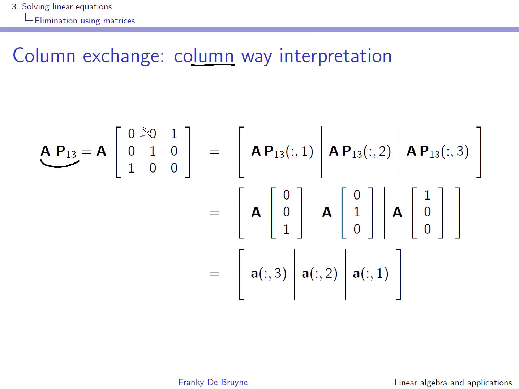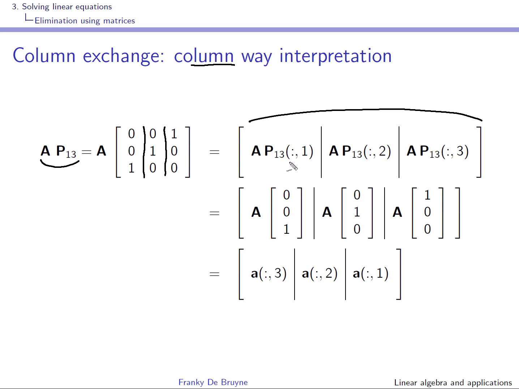So in this interpretation, you subdivide the permutation matrix in columns, okay, and the resulting product can be written in terms of columns, and each column is A times the corresponding column of the permutation matrix over here. Okay, so column 1, column 2, column 3.